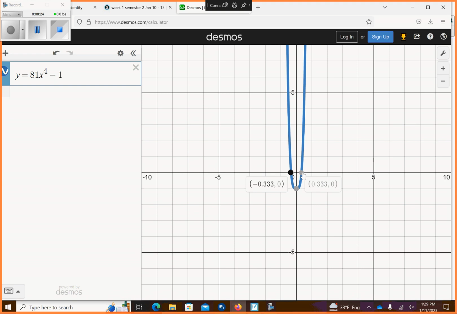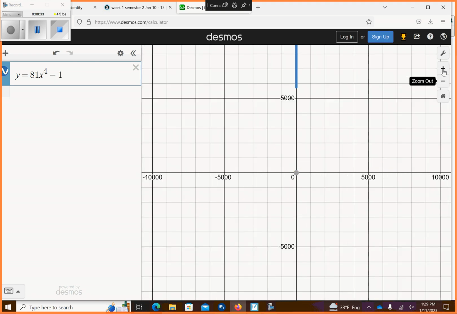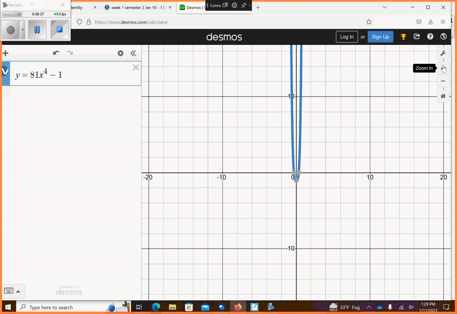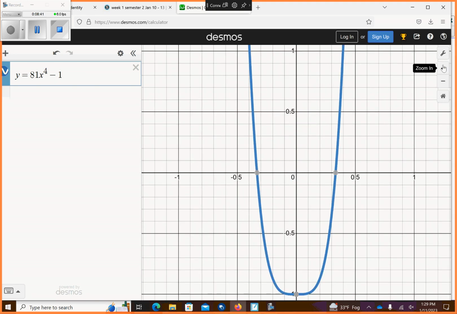And this gets a little goofier. Because even if I zoom out on Desmos, it's like, wait a minute, it's not crossing. It's raised to the 4th power. I remember in my algebra class that if it's raised to the 4th power, we should have 4 solutions to this problem, which is true.